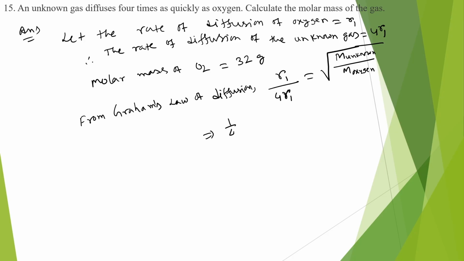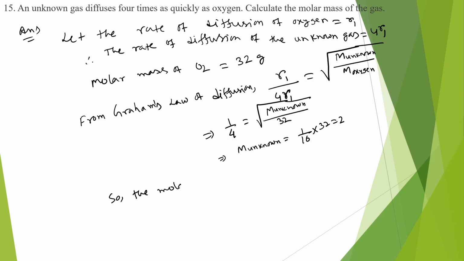So, you get 1 by 4 is root of M unknown by 32. So, you get M unknown is 1 by 16 times 32, so 2. So, the molar mass of the unknown gas is 2.